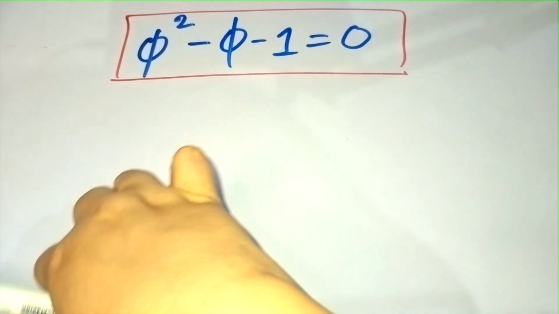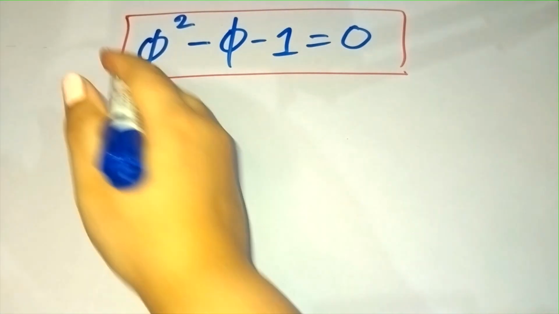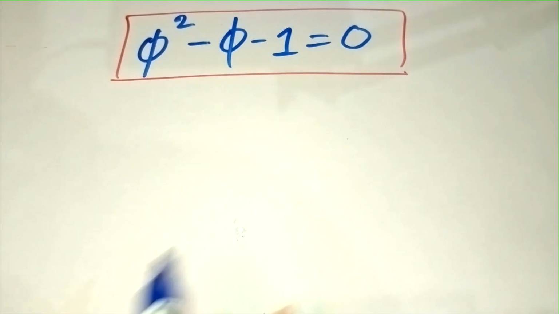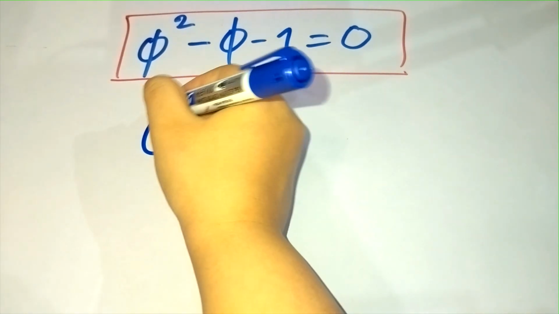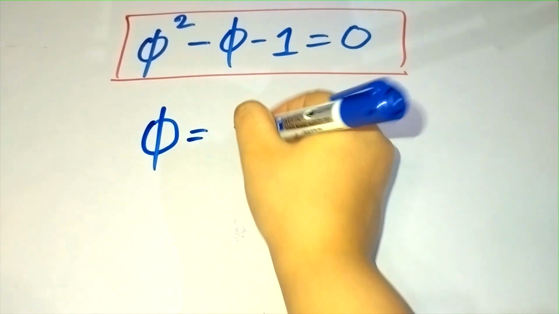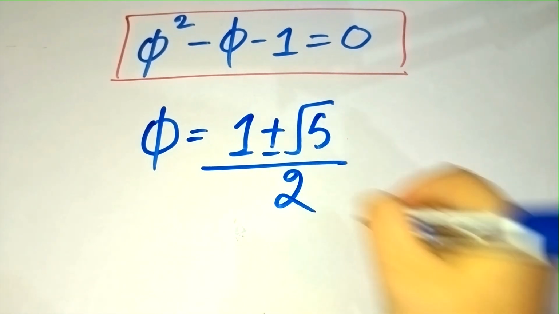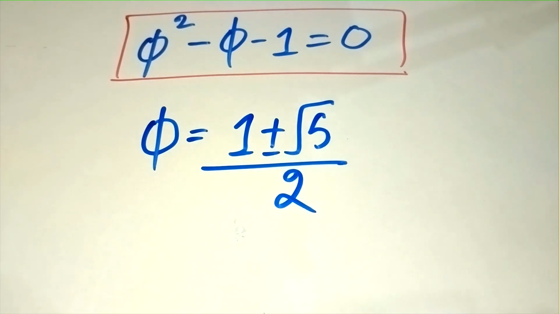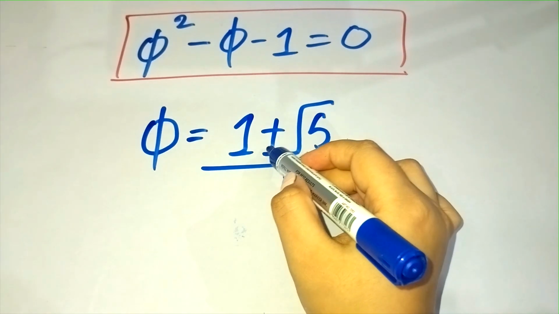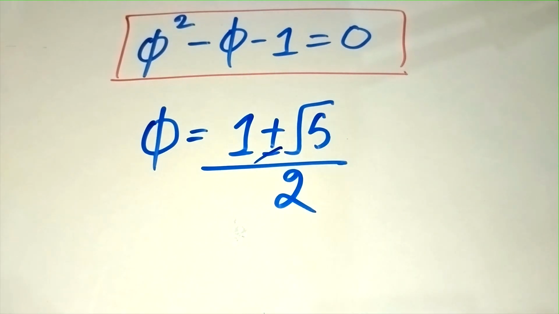Now using the quadratic formula, we will solve it. When we solve this using the quadratic formula, we will get the value of phi equal to (1 plus minus root 5) upon 2. Since we are talking about a positive ratio, we take the positive solution, so we ignore the negative part.